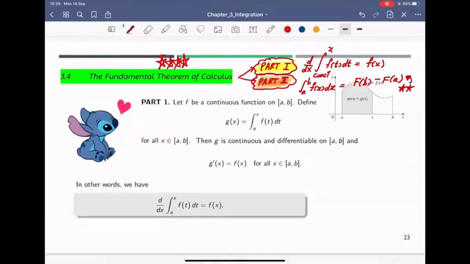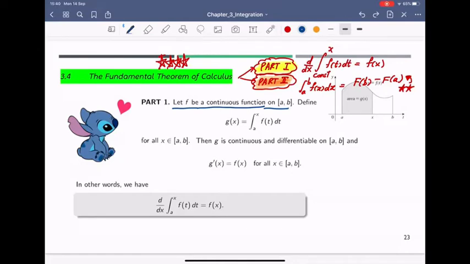So let's look at the statement. The statement says that if f is a continuous function from a to b, and you define your function g to be the integral of f from a to x, and then you differentiate, you're going to get back f(x).